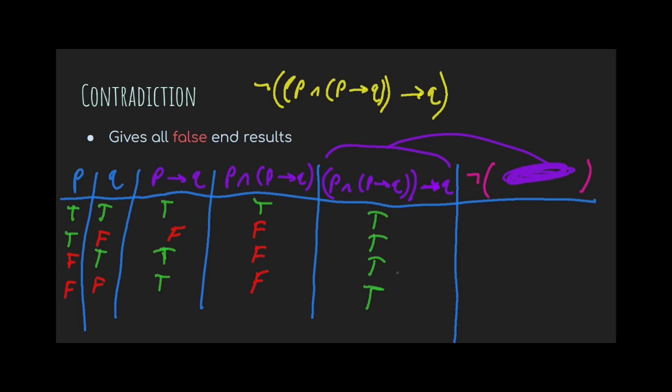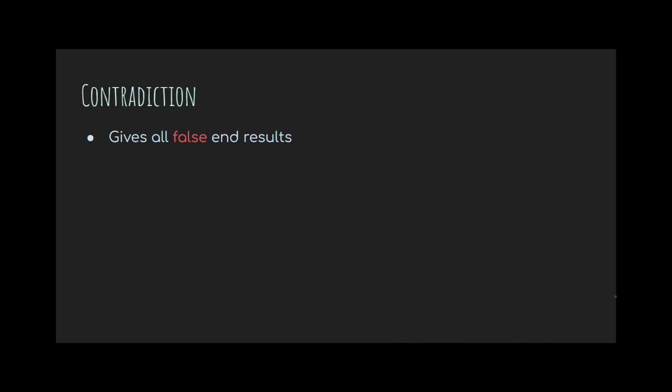So the final results we get are all false, false, false, and false because we're negating the entire tautology. We're negating the whole thing. So since all of these give us false, we can say that this is a contradiction. And that sums it up.